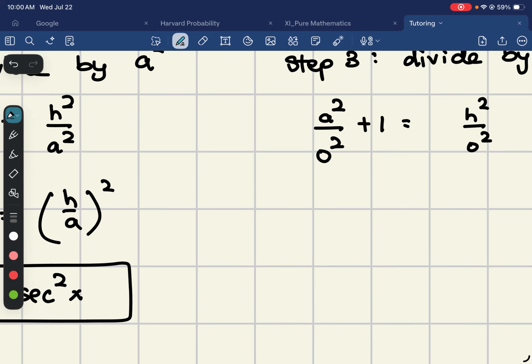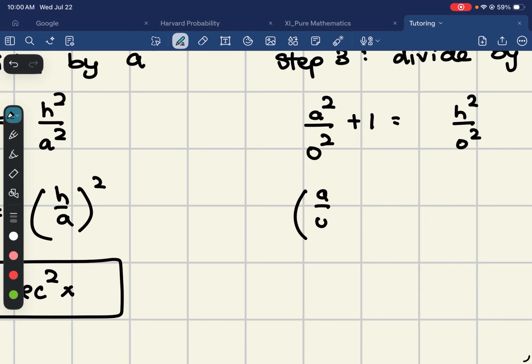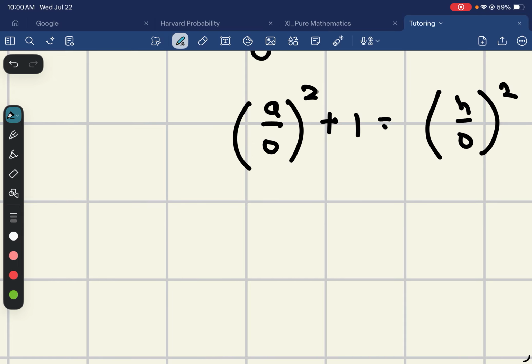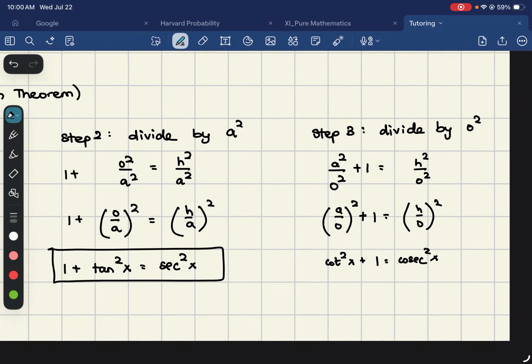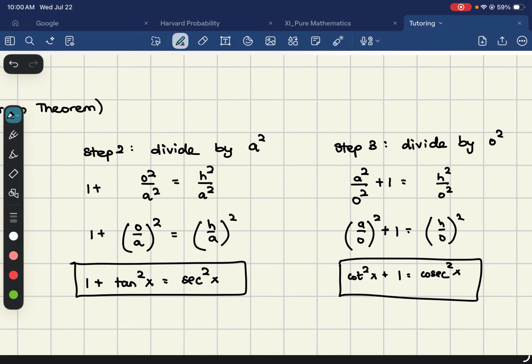And I can rewrite this as (a over o) squared plus 1 is equal to (h over o) squared. Adjacent over opposite, that is just cot squared x plus 1. And h over o, hypotenuse over opposite, that is going to be cosecant squared x. So that is how you get your three trigonometric identities.